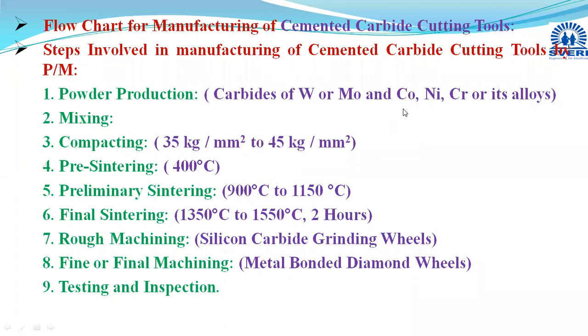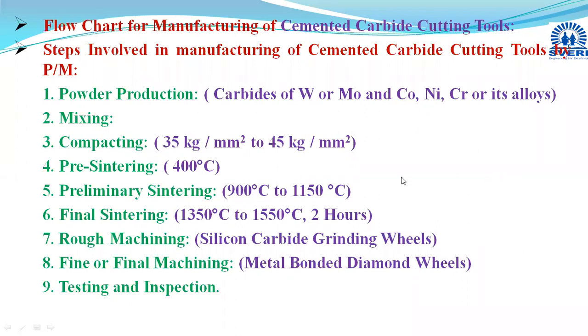Generally used binding metals are cobalt, nickel, or chromium, or we can use cobalt nickel alloy or cobalt nickel chromium alloys, and they will act as a binder, creating the bond between the tungsten carbide particles or between the molybdenum carbide particles.